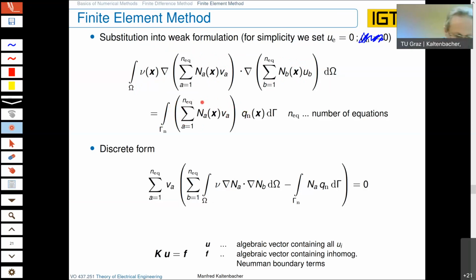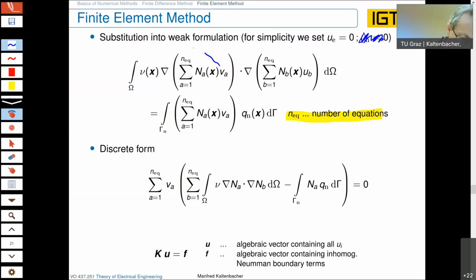The only thing you in addition see here now is just a sum from 1 to the number of equations. EQ is equations, clearly, because we select out some nodes on the boundary where the Dirichlet boundary condition is prescribed, in our case simply u equals 0. Okay, now what can we do? Very importantly, we can rearrange in the following sense.